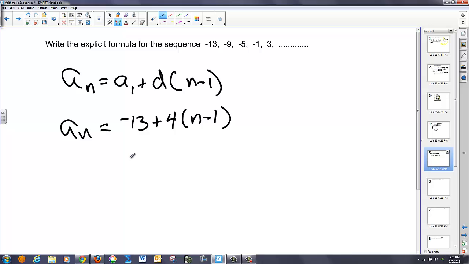I can do a little bit of math on that and say this is negative 13 plus 4n minus 4, or negative 17 plus 4n will generate any term in this sequence. And to verify that, let's say I want the third term.